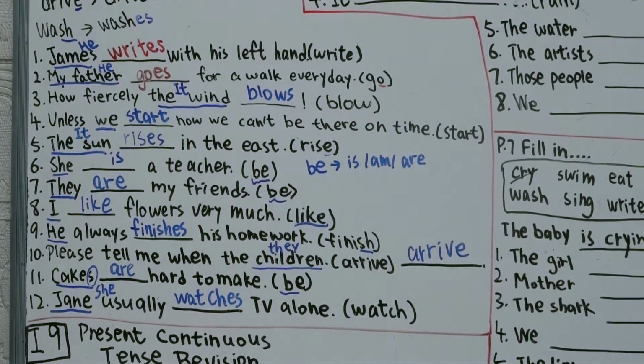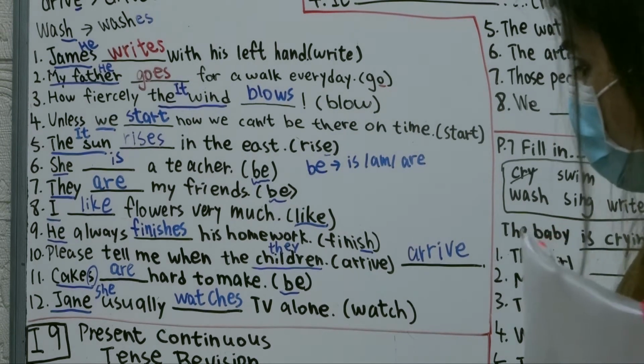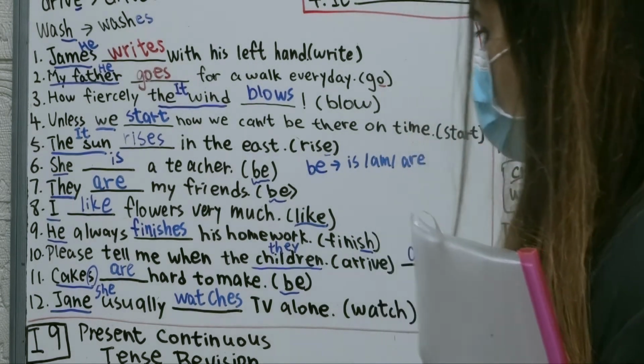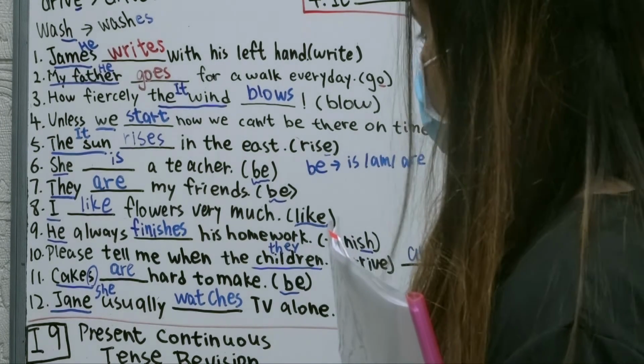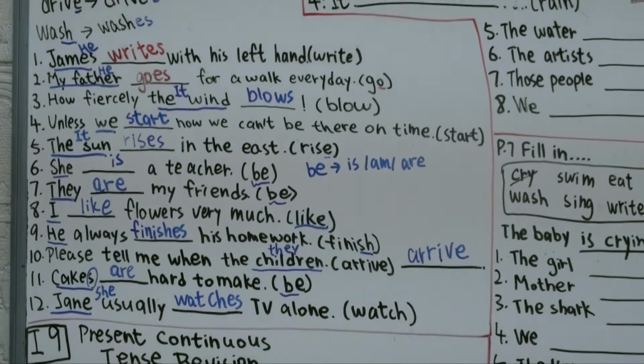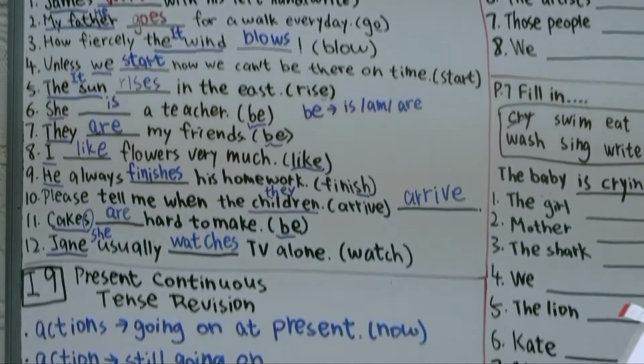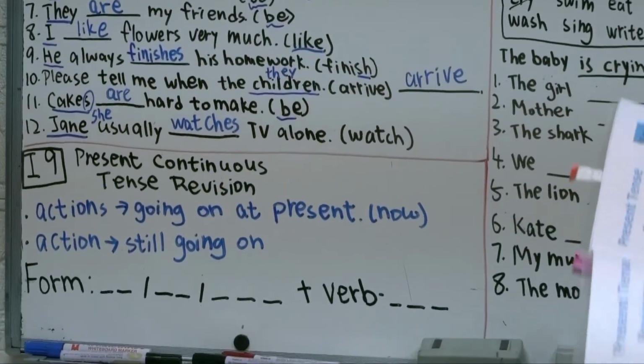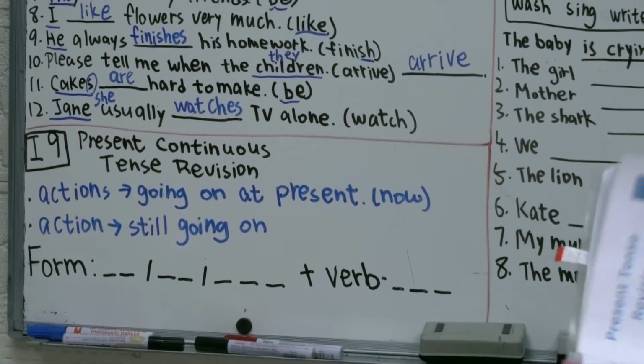Okay. So that's all for the present tense revision. Remember, we use it when we talk about something that is true and something that always happens. It's very important to learn this because it's going to help you with your comprehension and your writing, right?